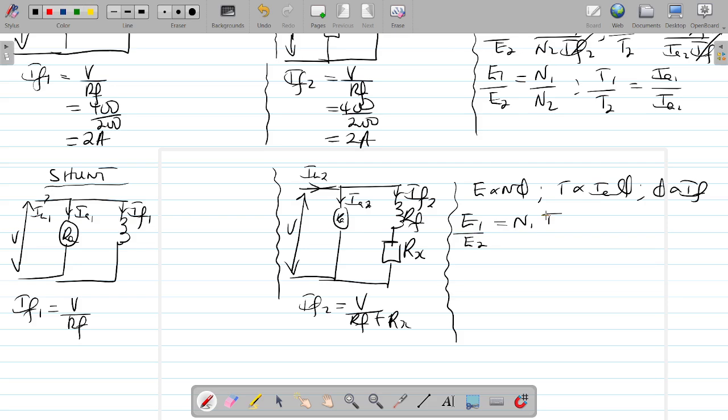You can easily substitute your IF1 and your IF2 because they are not the same. So even for torque, T1 over T2 equals IA1 IF1 over IA2 IF2. I hope it makes sense how to come up with these formulas.